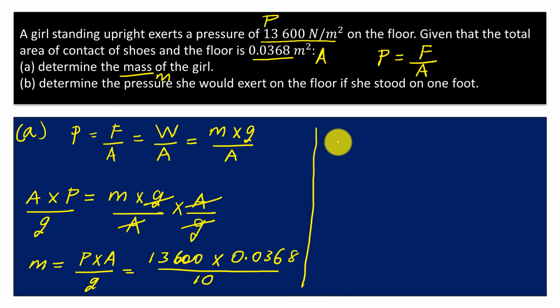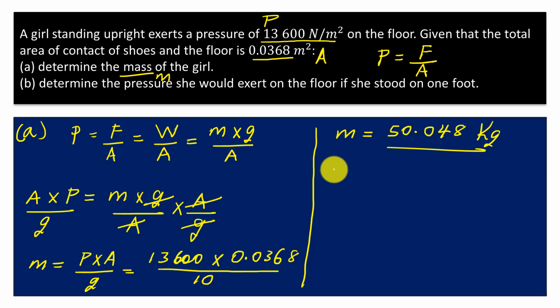Of course, if I use my calculator, I'll get the mass of the girl to be 50.048 kilograms. And that is the mass of the girl.